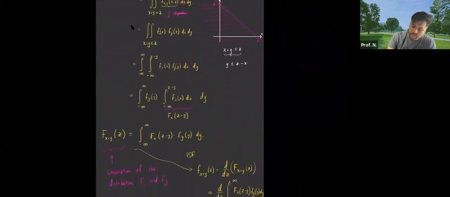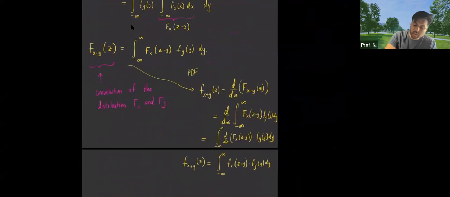So that's the reason why we wrote the cumulative distribution function as such, because then I can find the PDF. And again, that's just really embedded from the CDF.